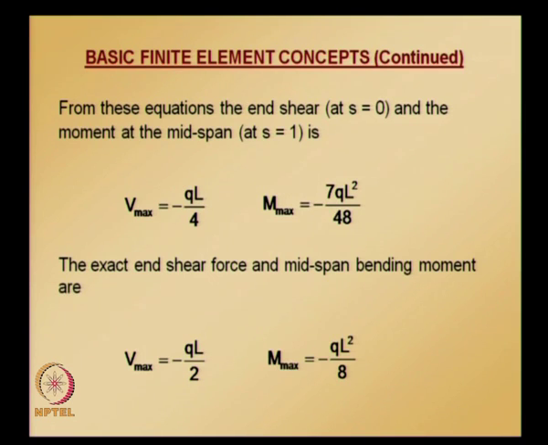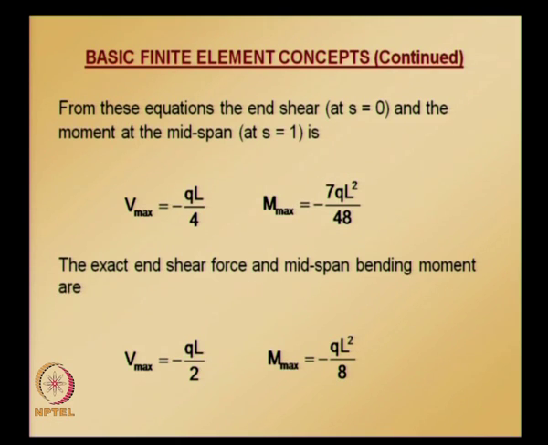The standard finite element approach to improve these calculations of moments and shear is to use a large number of finite elements per span wherever a distributed load is there on that particular span, and the results will be closer to the exact solution if more elements are used.